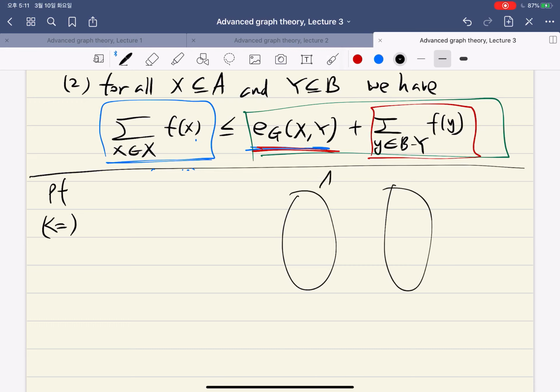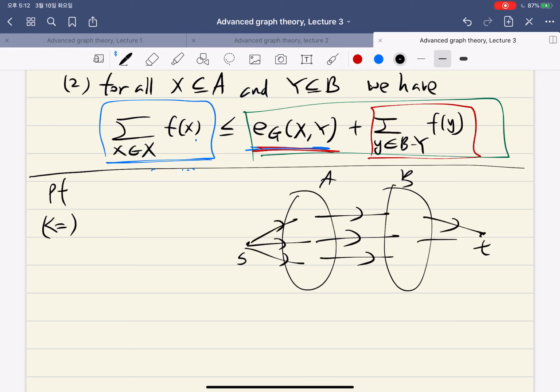Again, from A to B, add S and T, you orient all the edges in this direction, and you orient all the edges from S and into T. But giving capacity is a bit different from before. All the original edges get capacity 1. And let's say this is b, this is u.